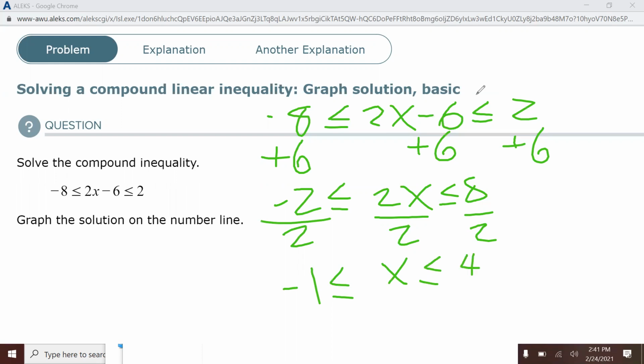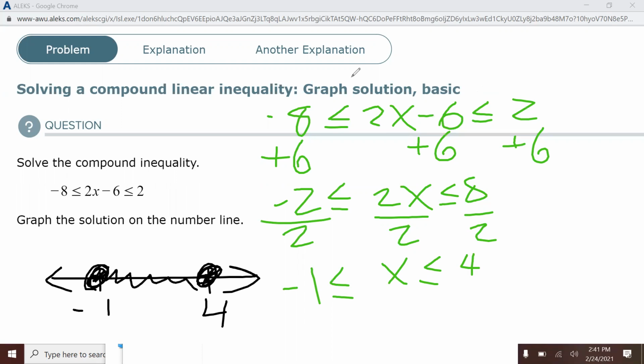And so this statement says that our solution is going to be everything from -1 to 4, including those endpoints. And that's how that kind of problem is done.